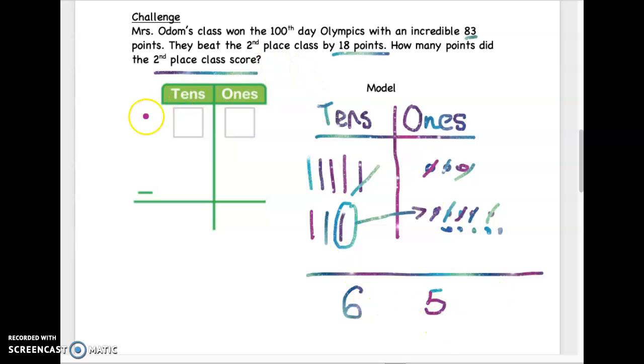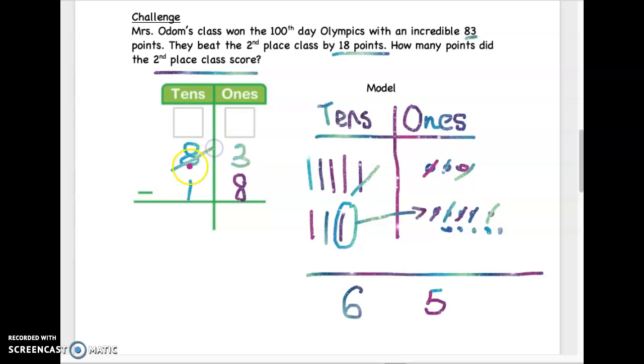But I'm also going to do it the standard algorithm way so that I can check my work. So 83 minus 18. When I'm looking at the ones place, I see that the first number here has less than our second number. So I already know that I'm going to have to regroup.